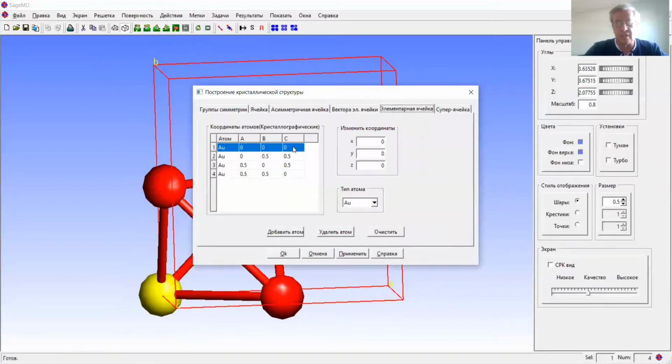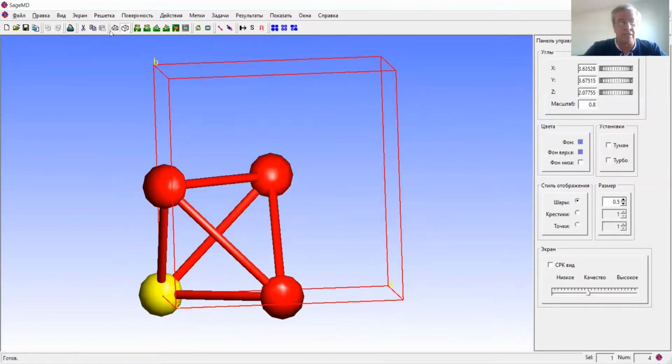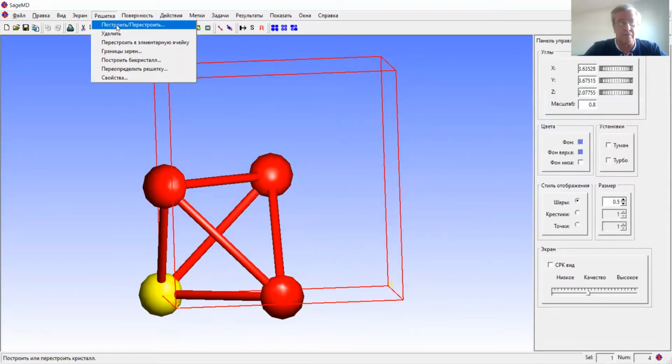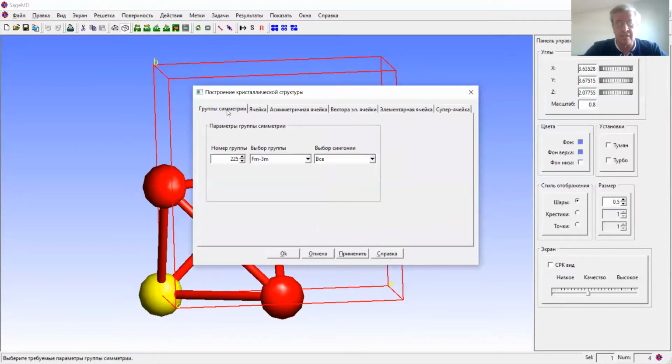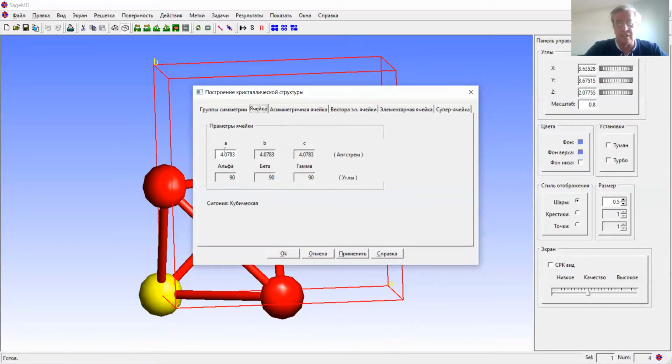You see one of the gold atoms is located in the corner, and the three others are located in the middle of the plane. And zeros show that it's on the plane. All right. So this is a cubic unit cell, which has A, B, C parameters similar and all angles 90 degrees.